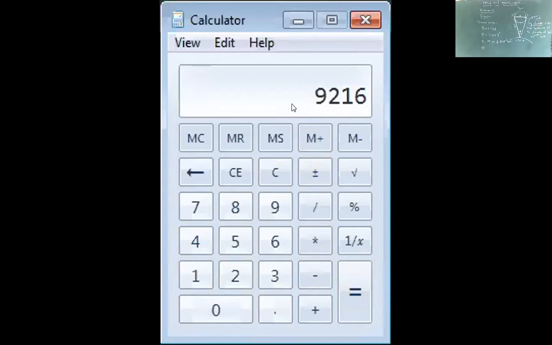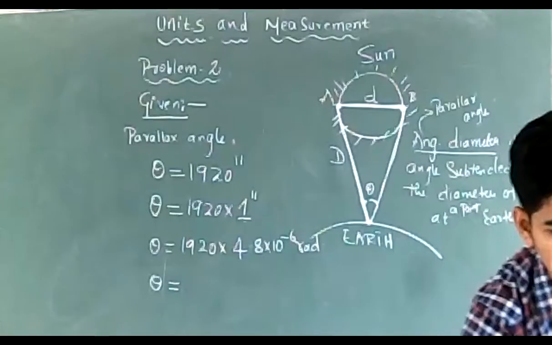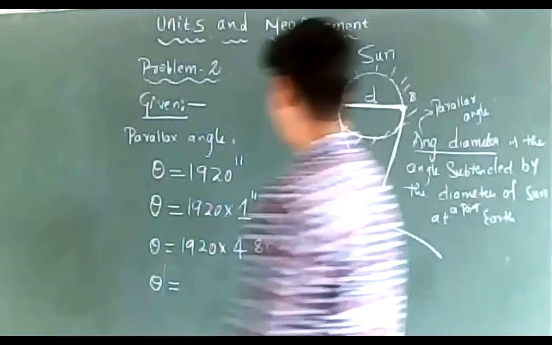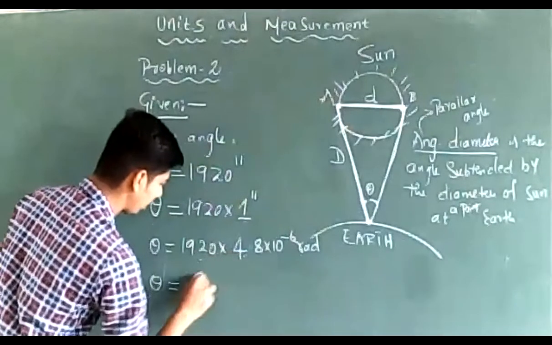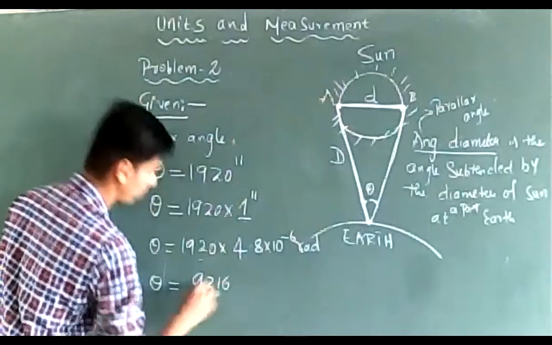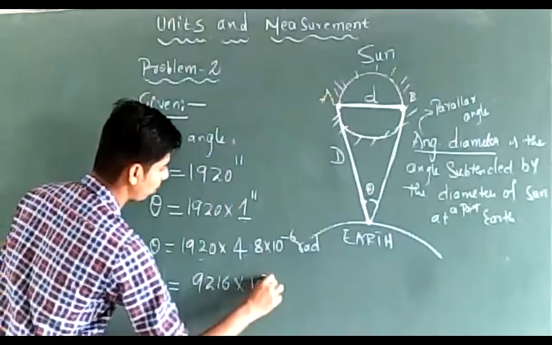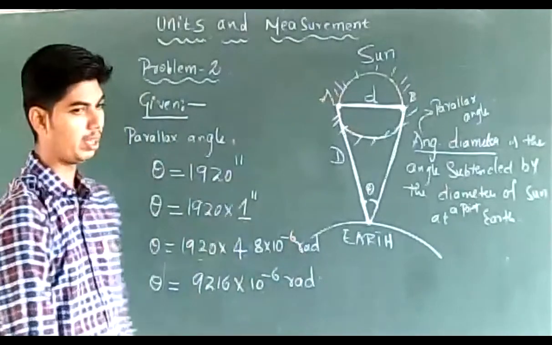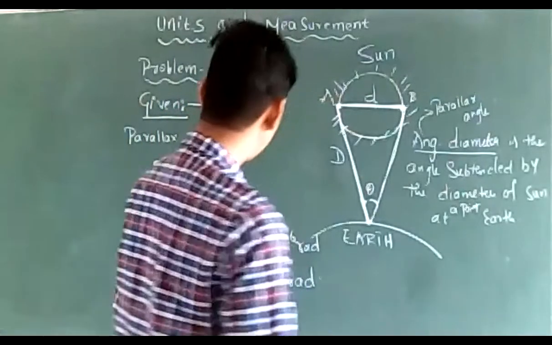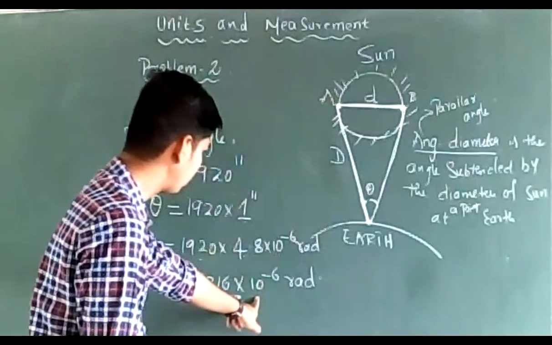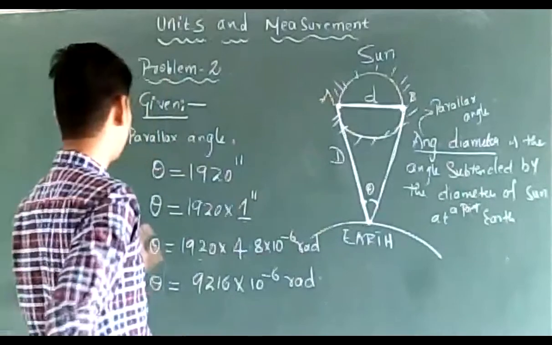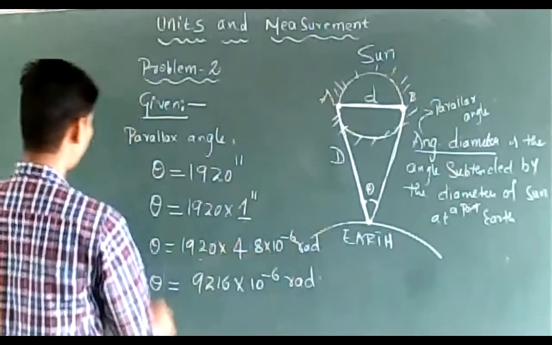Multiplying these two gives 9216 into 10 to the power of minus 6 radians. Do not leave out this 10 power minus 6, it stays like that. So theta is 9216 into 10 to the power of minus 6 radians. This is the parallax angle.